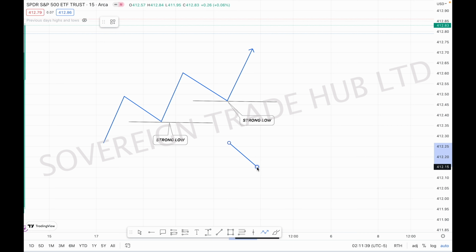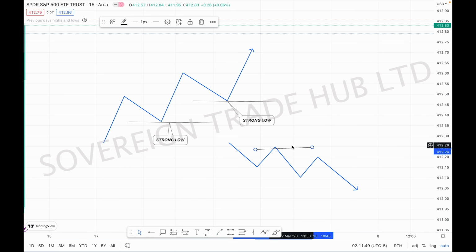In a bearish trend, every break of structure to the downside creates a strong high.